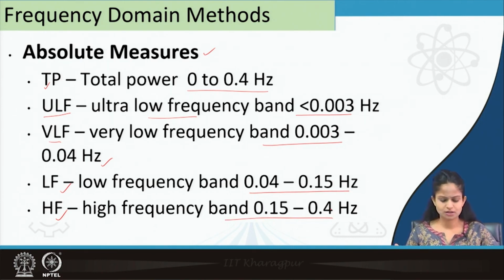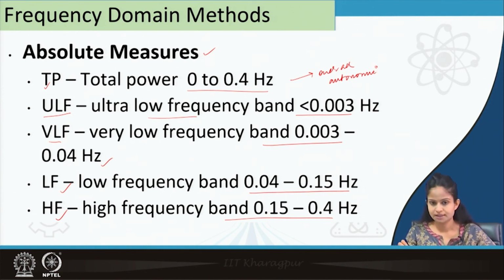Now, each of these frequency parameters has significance for cardiac autonomic control. For example, total power usually estimates the overall autonomic activity. It is similar to the SDNN of time domain analysis. Ultra low frequency is not of much use. Very low frequency usually reflects noise signals.